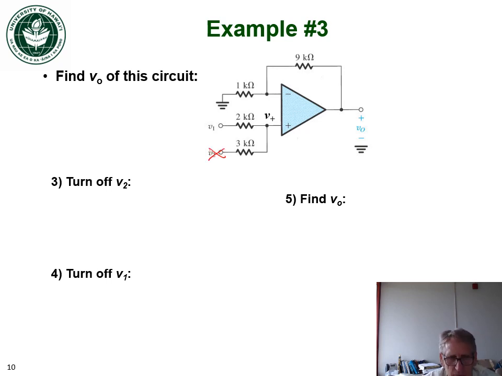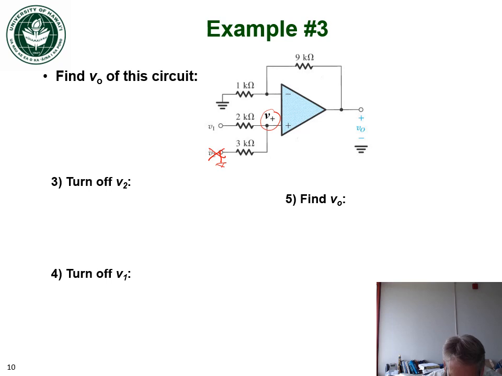We start by turning off V2 and assuming our only input is V1. When we turn off V2, the voltage source becomes ground.